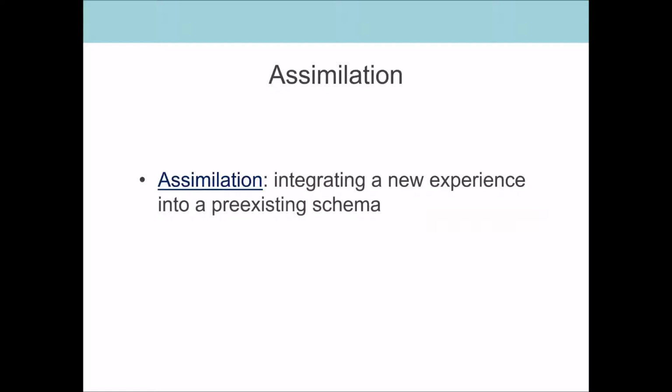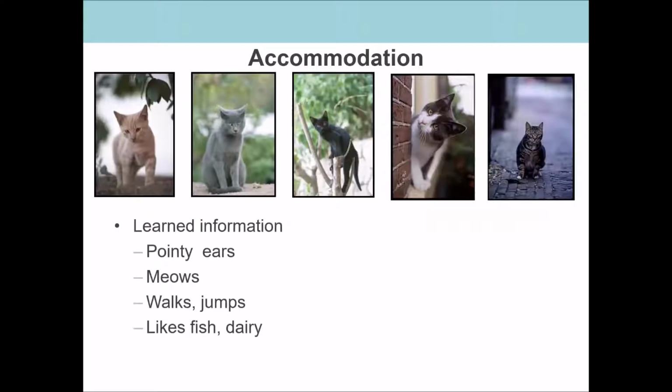And what they're doing is they have this category truck, and they're just using that information to interpret what they're seeing. But over time, they're going to realize, wait a minute, these are different things, and they'll have to create a new category for car. But when all they're doing is using this pre-existing schema for truck or pre-existing schema for cat and making sense of what they're seeing, we would call that assimilation.